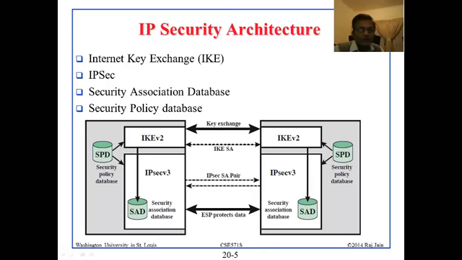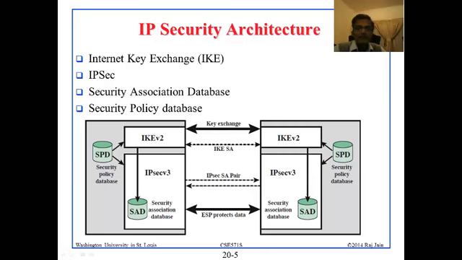The two routers that are connected by IPsec will exchange the keys, and then a security association, SA, will be formed. So now they have a security association, and then they will encrypt their messages using IPsec version 3. And there will be two pairs of SA.